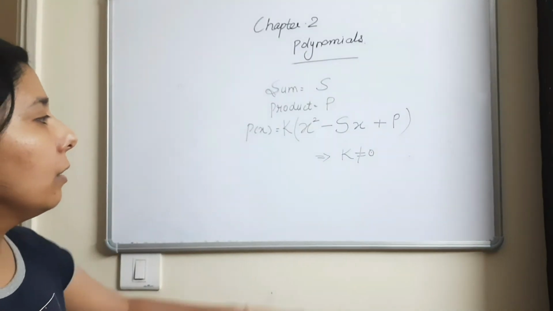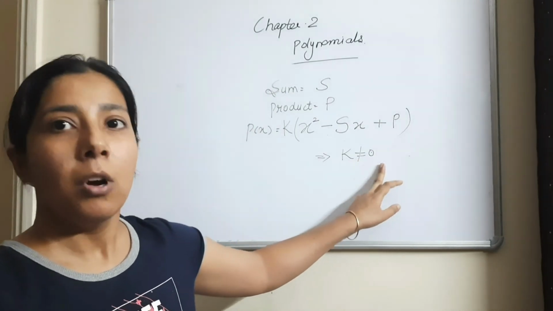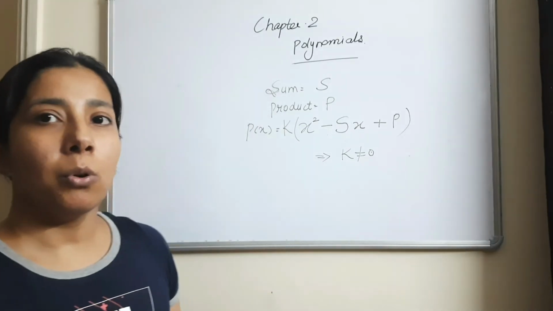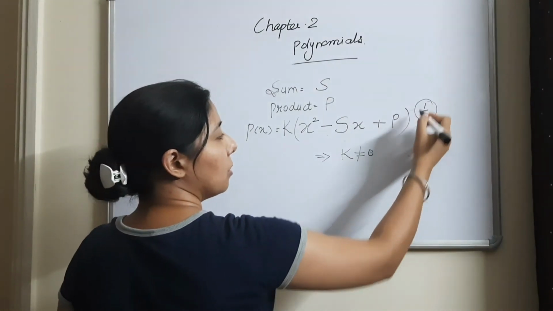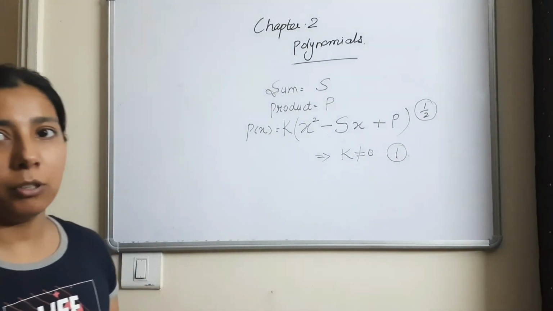So this is the point to remember, and you should write that k is not equal to 0. Most of the students forget to write k is not equal to 0, so they will always get half mark. Okay, so if you are writing it also, then you will get full 1 mark for the question.